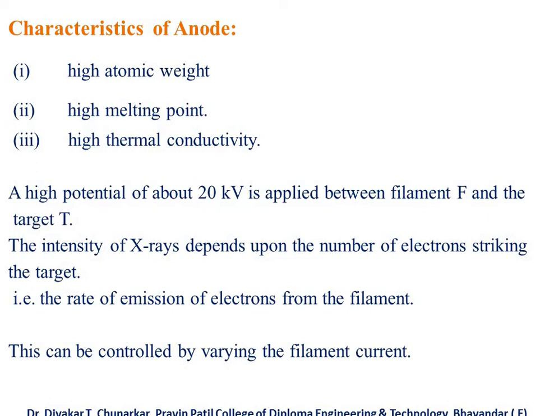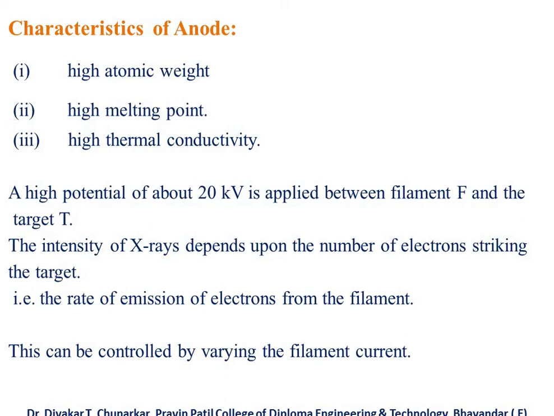In the case of high atomic weight, it produces hard X-ray. In the case of high melting point, the anode does not melt due to the bombardment of fast-moving electrons, which produce a large amount of heat.